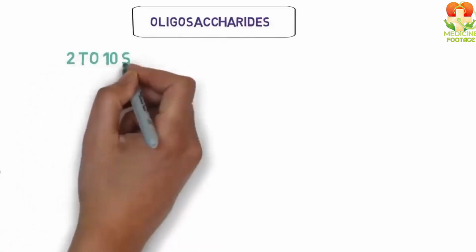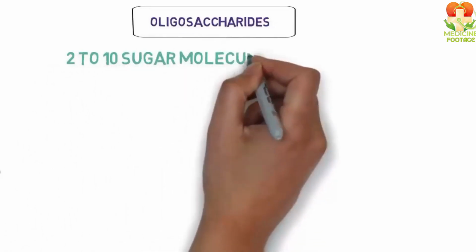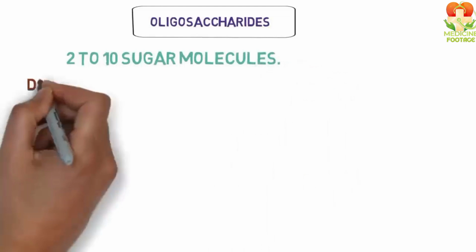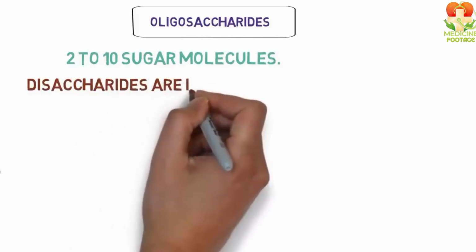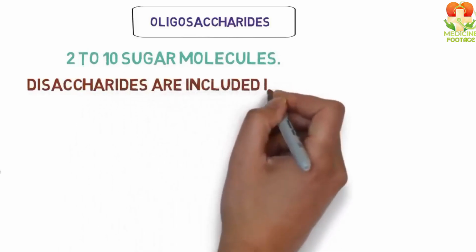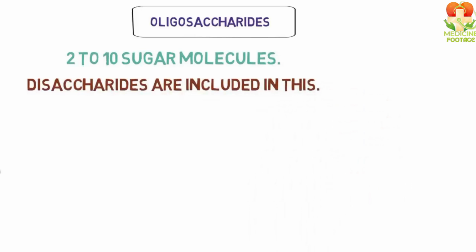I've already explained that oligosaccharides are composed of few sugar molecules. When 2 to 10 sugar molecules combine, they form oligosaccharides. Disaccharides fall under oligosaccharides because disaccharides consist of two sugar molecules and oligosaccharides contain 2 to 10 sugar molecules.